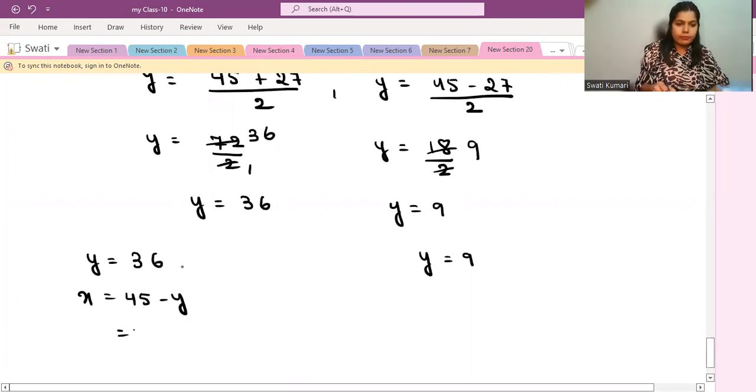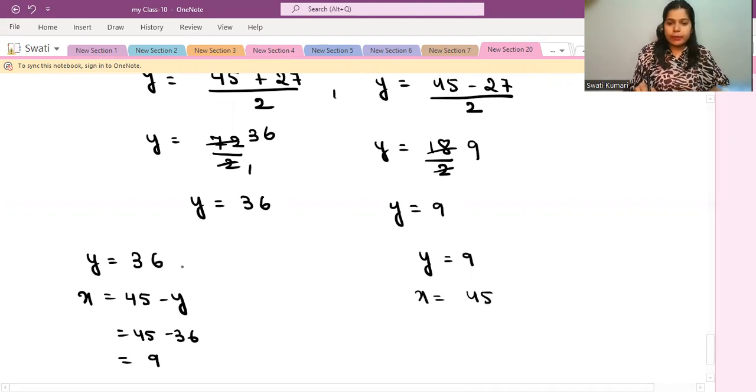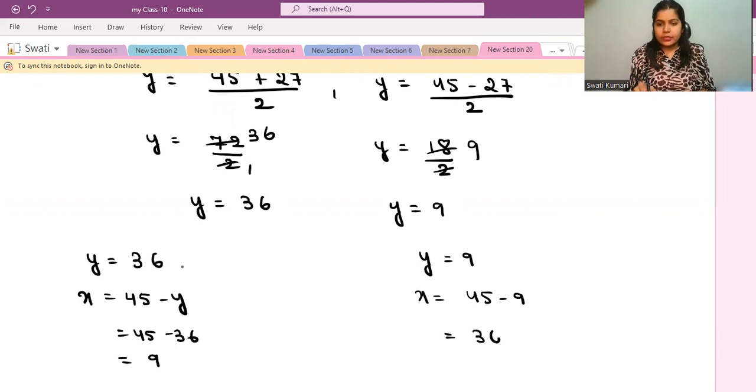So this will become 45 minus 36, which is going to be 9. And this will become x equals 45 minus 9. Yes, correct. That is going to be 36. So here in this case, we are getting x equals 9 and y equals 36.